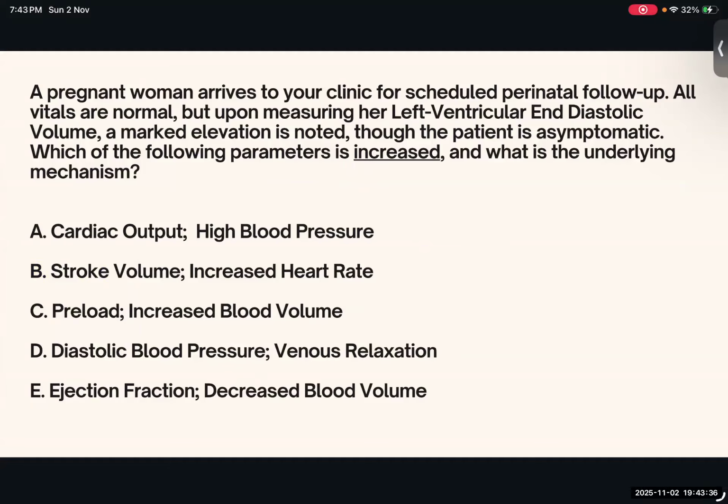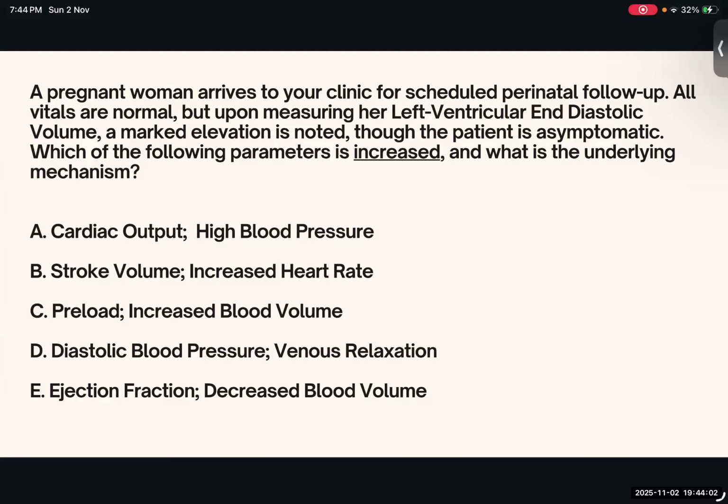A second question. Does anybody else want to read? Sure. A pregnant woman arrives to your clinic for scheduled perinatal follow-up. All vitals are normal, but upon measuring her left ventricular end diastolic volume, a marked elevation is noted.